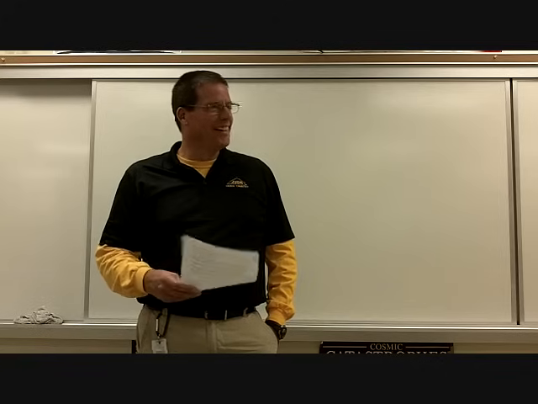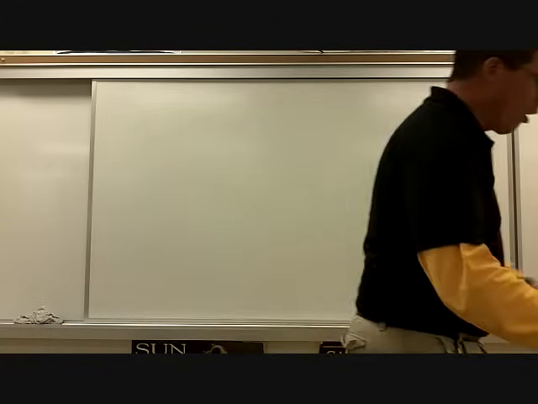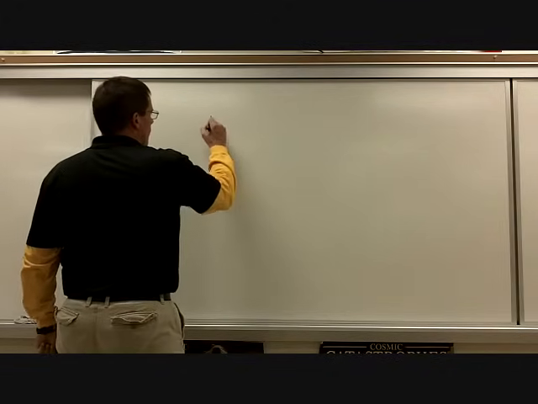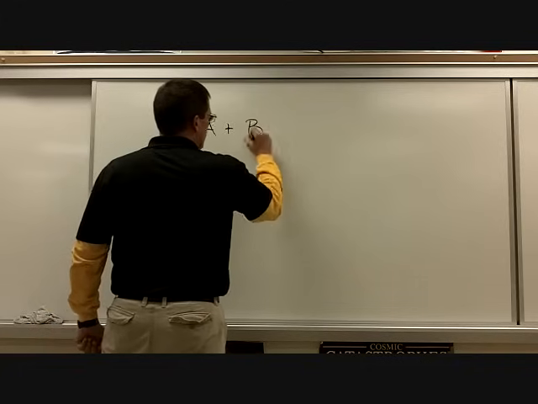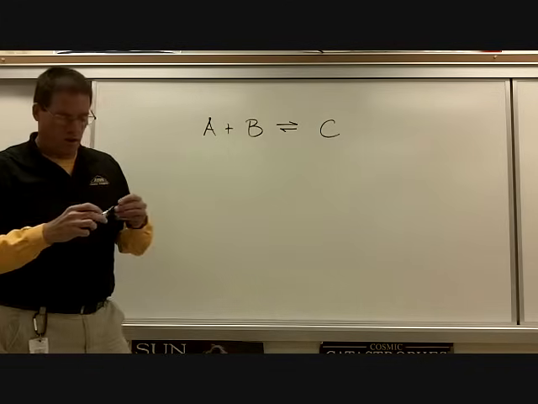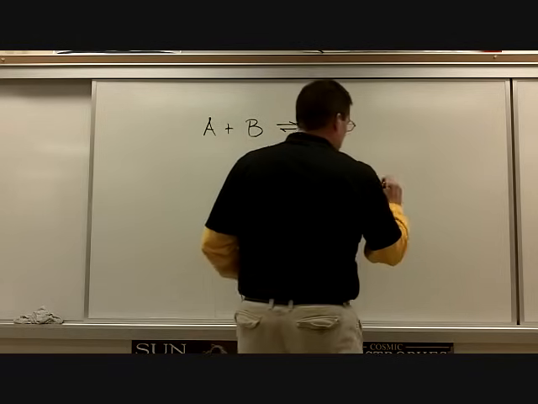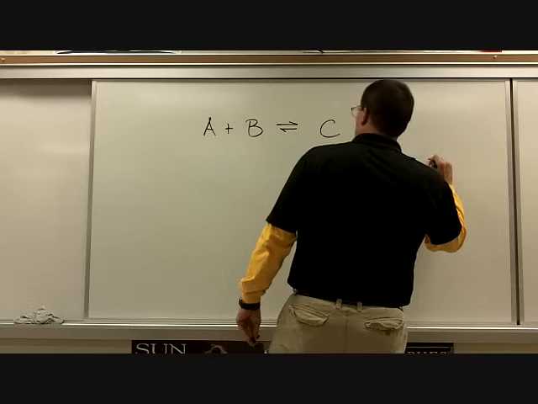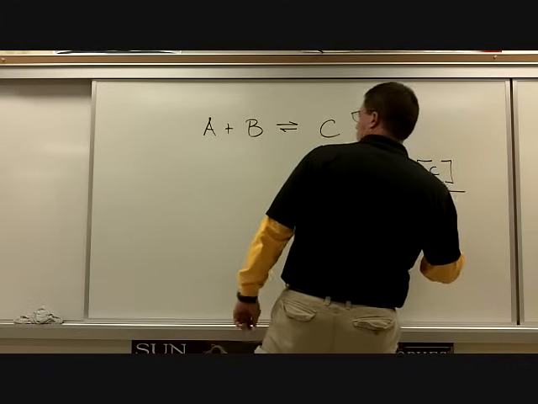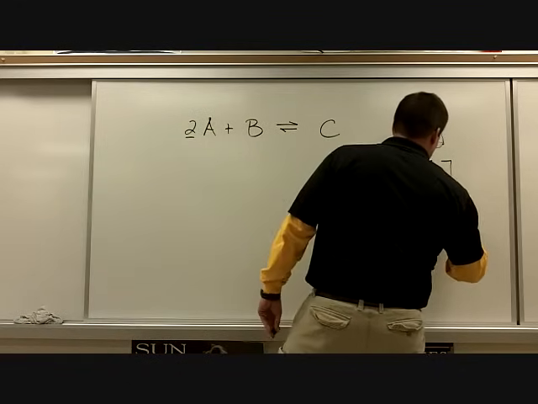The first one that I want to talk about is concentrations. So when we talk about concentrations, I'll put a generic equation up here where we have A plus B, and it generates C. The system's at equilibrium, and we have our K, where it's C over A and B. Actually, let's put a 2 on that, just to make it more fun.